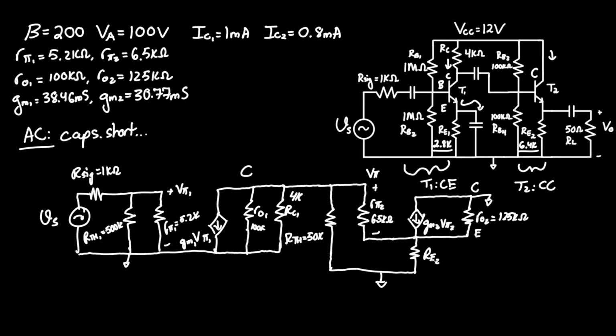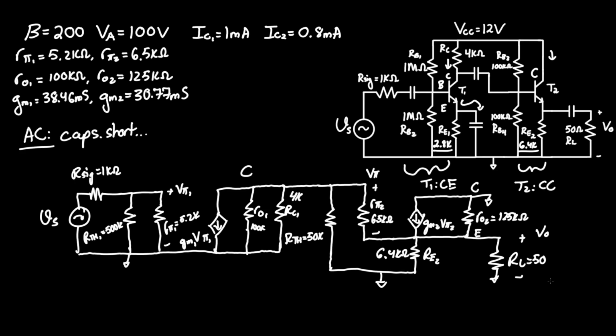And we know RE2 equals 6.4K. And don't forget our load, since we shorted the capacitor up here, which equals 50 ohms. And the voltage out is across RL. So I believe this is the correct formation of this entire AC equivalent model. It's pretty big, but it's fairly informative of how the circuit operates.